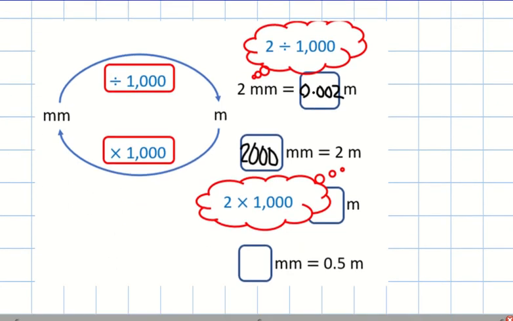So then what do you reckon 0.5 metres would be? Well, it's going to be half a metre, isn't it? And what's halfway between 1 and 1,000? Well, we know halfway between 1 and 1,000 is going to be 500, so it's going to be 500 millimetres.